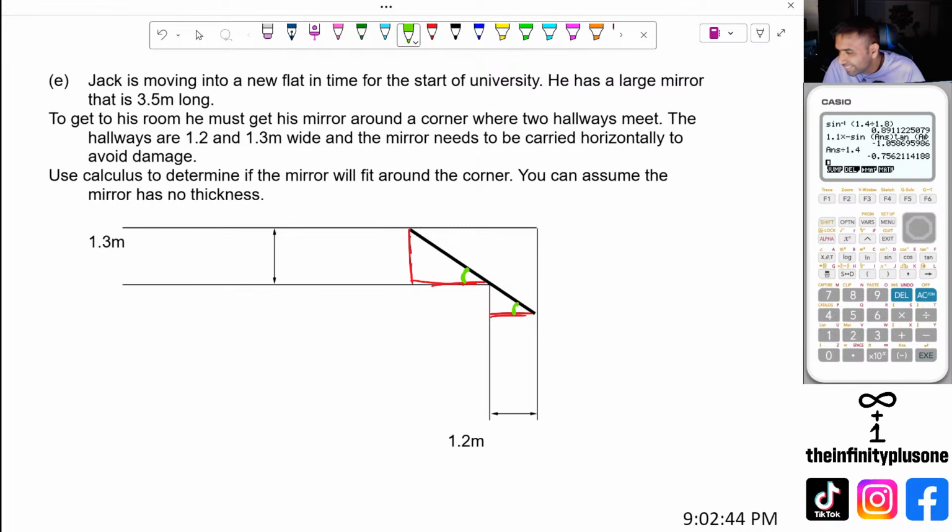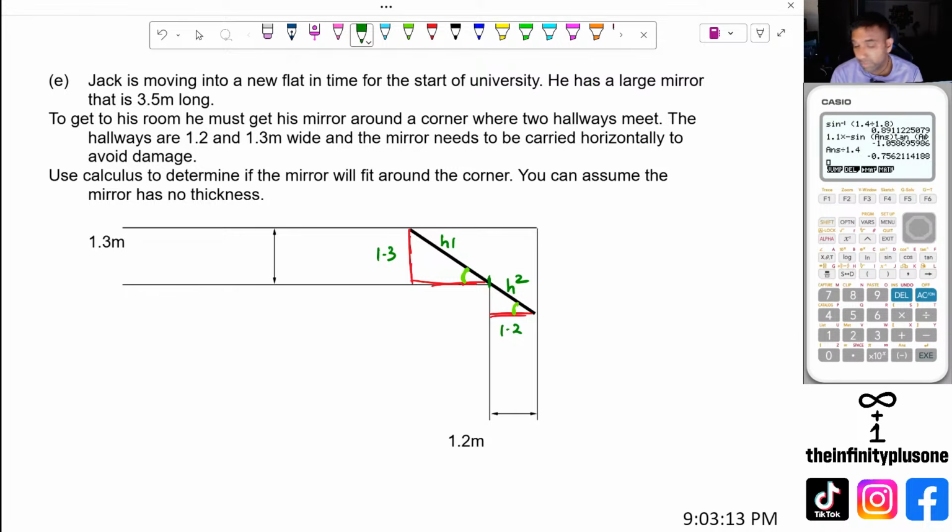That's cheating. So if that's the case, we now know we've got 1.3 as hypotenuse 1 up to there. Then we've got 1.2 as hypotenuse 2. And there we go. I think you guys can do this from this point onwards.